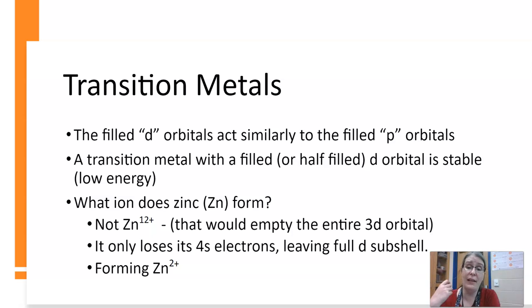It wouldn't break into that low energy full d subshell. Now, most of the time with transition metals, there are a few exceptions we'll ask you to know, but most of the time, we won't be asking you to predict what ions are formed. We'll be figuring it out from other clues in a problem.